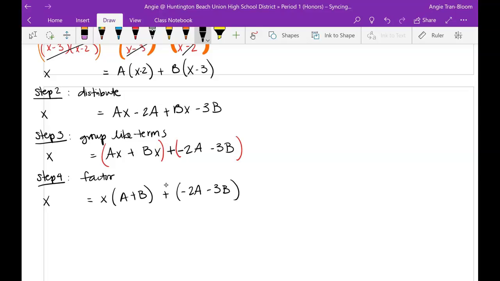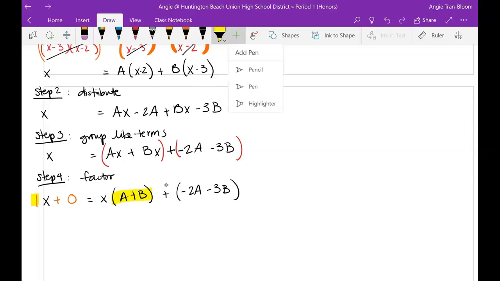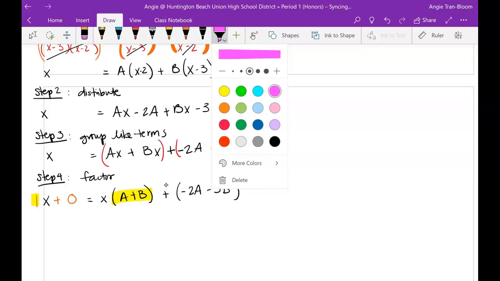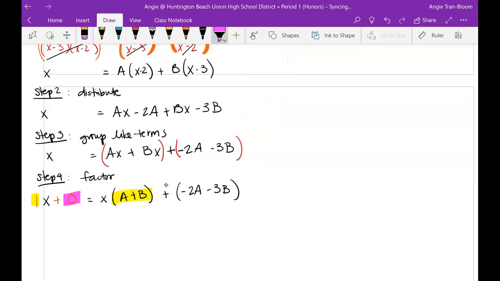Now, on the left-hand side, technically you have 1x plus 0 constant. Over here, A plus B is the coefficient of x. Then your constant is 0, but that is negative 2A minus 3B.